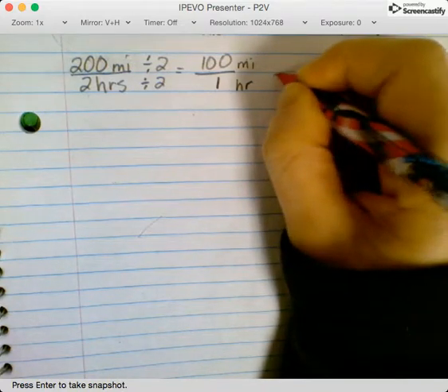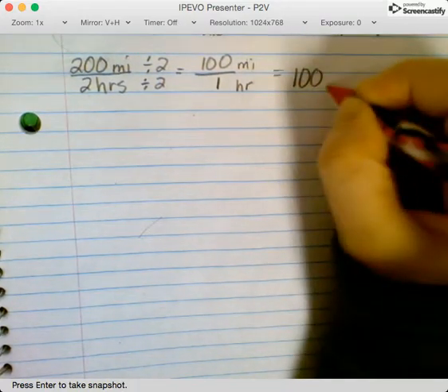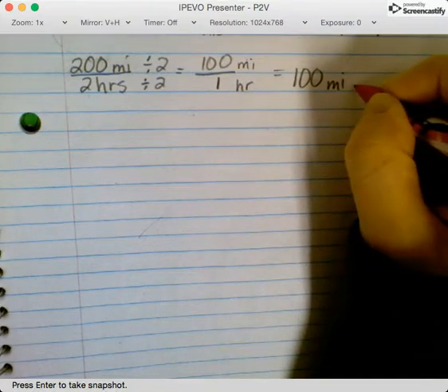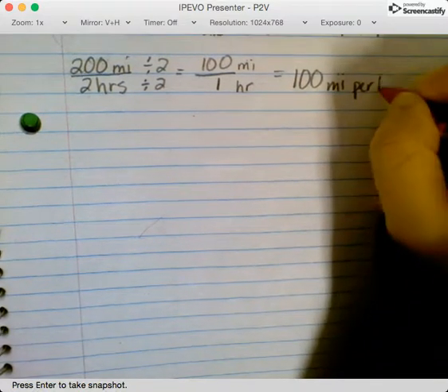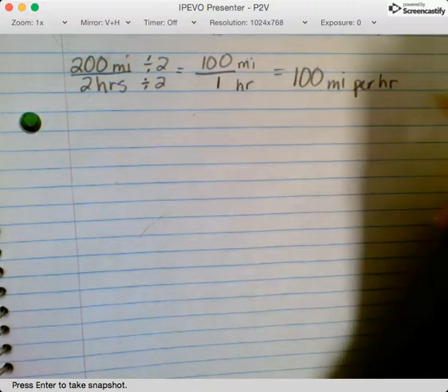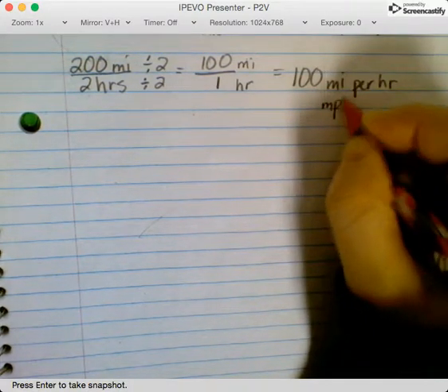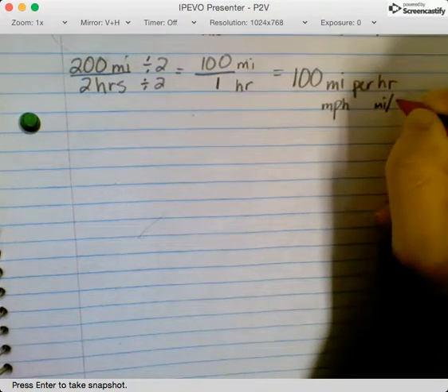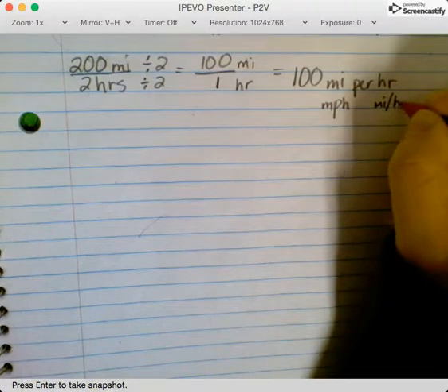Another way we could say that is 100 miles per hour. A way that we do miles per hour, sometimes we write MPH, sometimes we write MI, and then a dash, and then an HR.